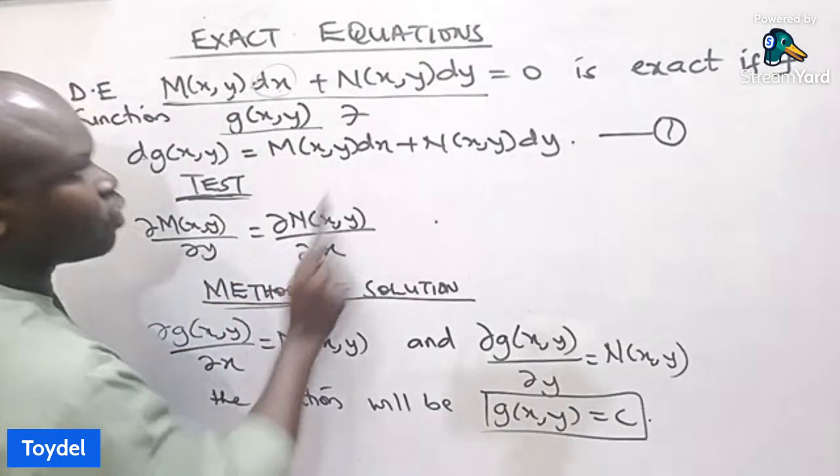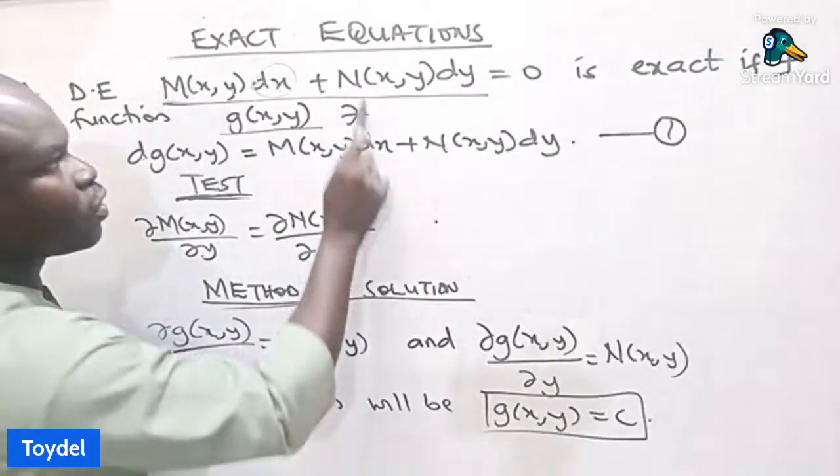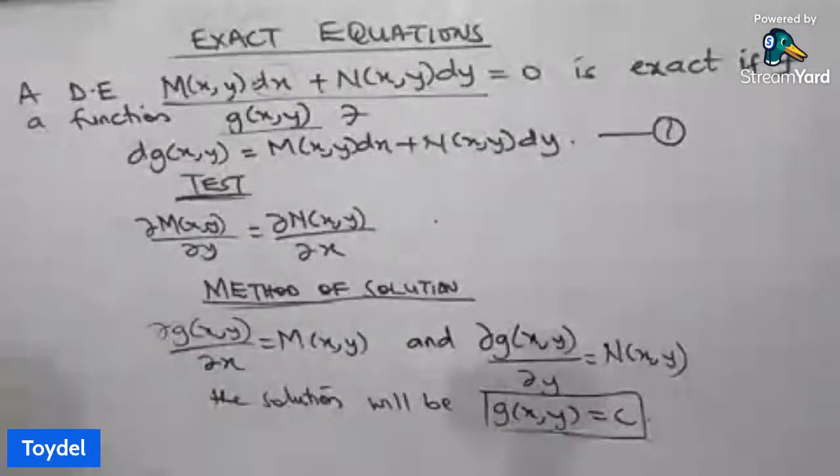If it is equal to N(x, y), which is beside the dy, differentiated partially with respect to x, then we are sure that the differential equation is exact.